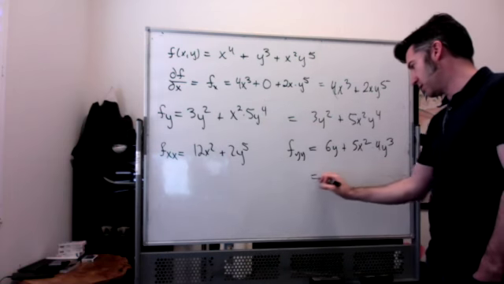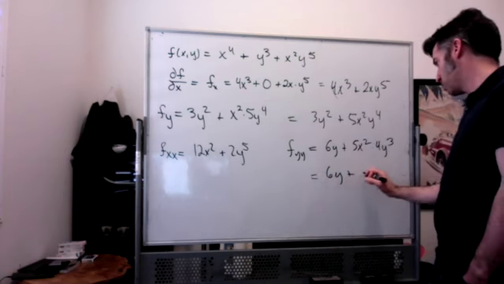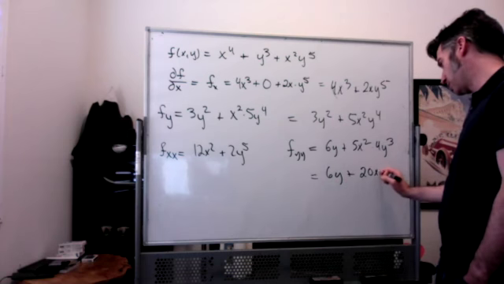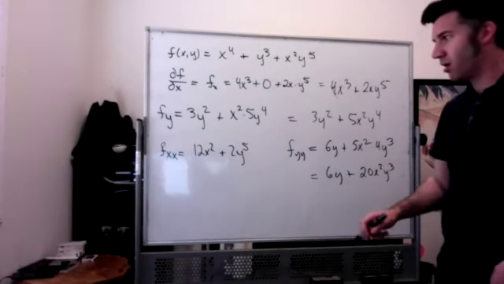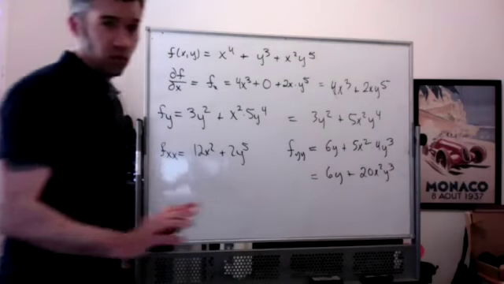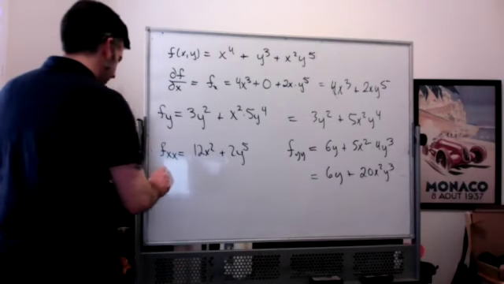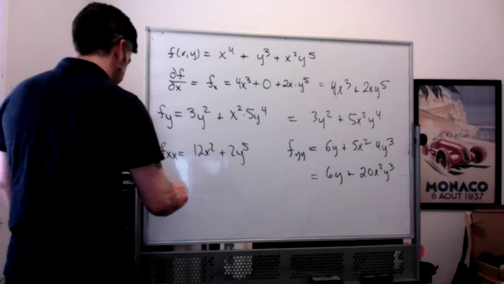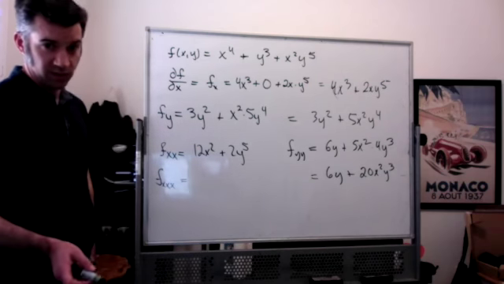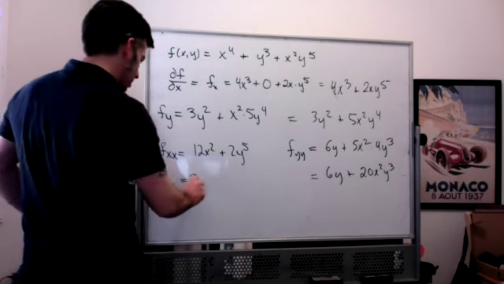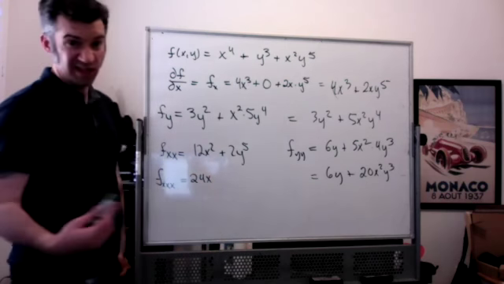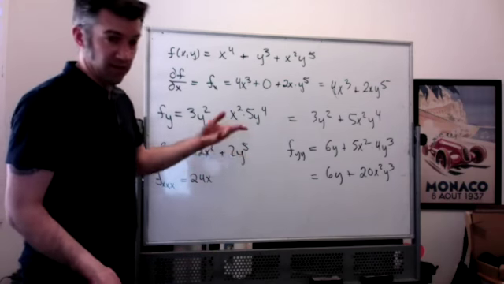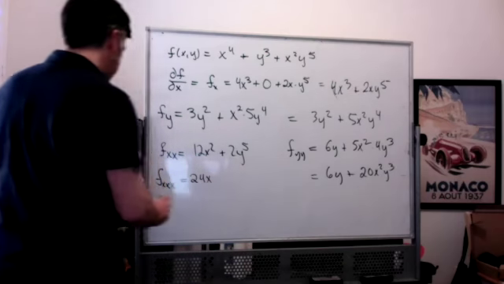So I would rewrite this as 6y plus 20x squared y cubed. Just to do one more partial with respect to x here. If I did fxxx, the third partial of this function with respect to x, I would get 24x plus 0, because the derivative of 2y to the 5th would be 0.